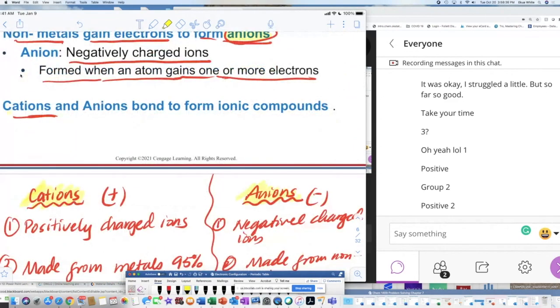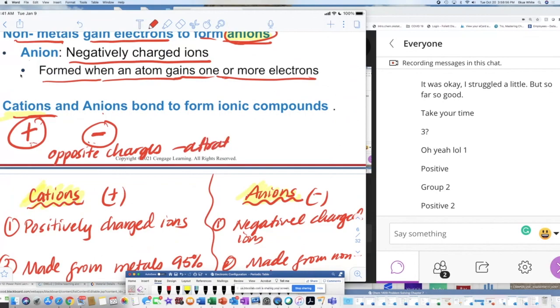When we have our cations, remember these are positive, and anions negative, once they are made, they have opposite charges. They will then attract to form ionic bonds.